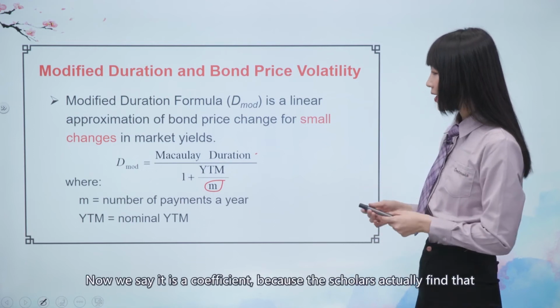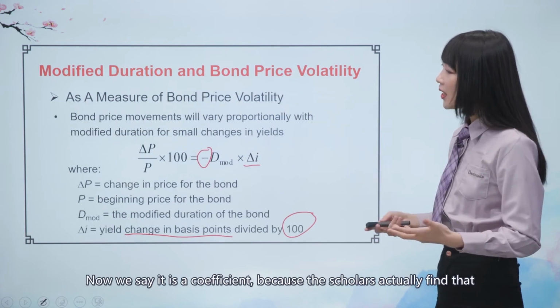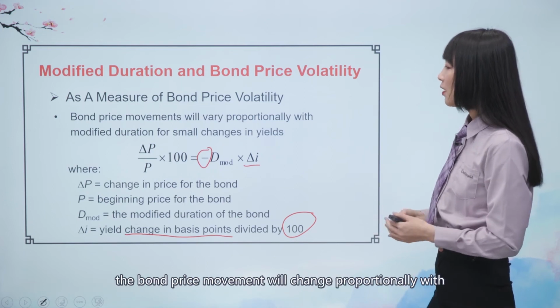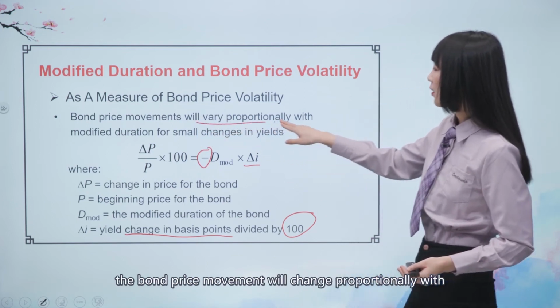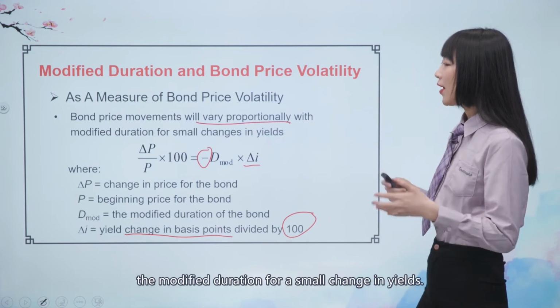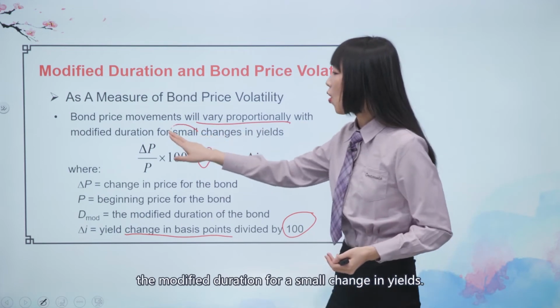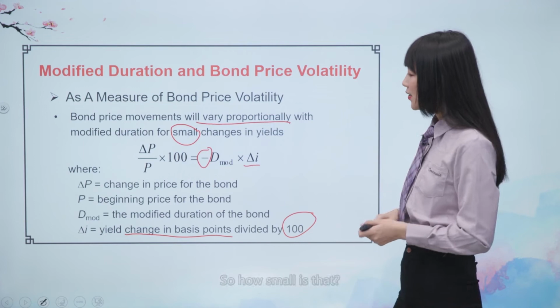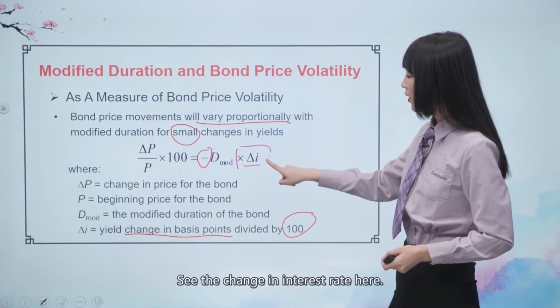Now we say it is a coefficient because scholars found that the bond price movement will vary, or change, proportionally with the modified duration for a small change in yields. So how small is that? See the change in interest rate here.